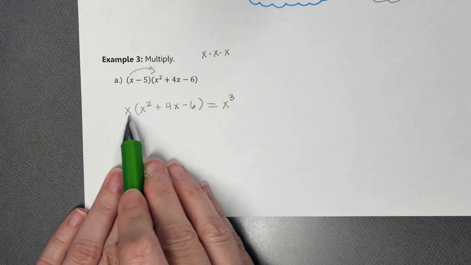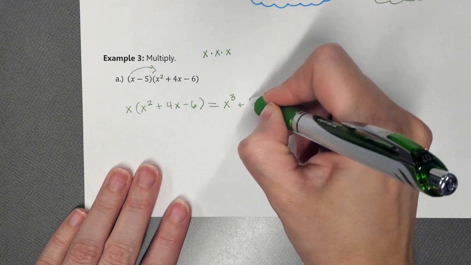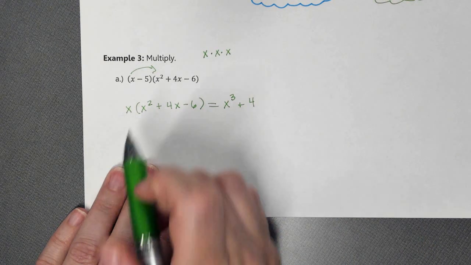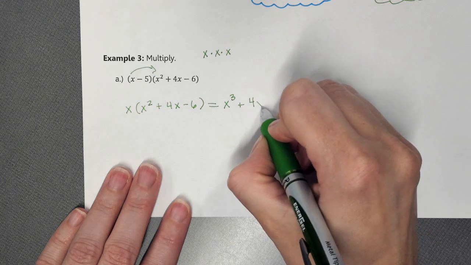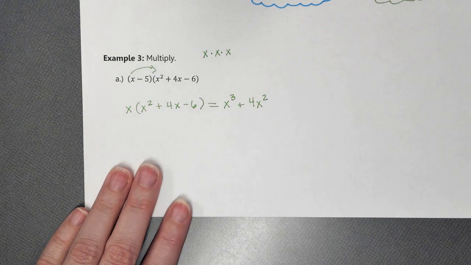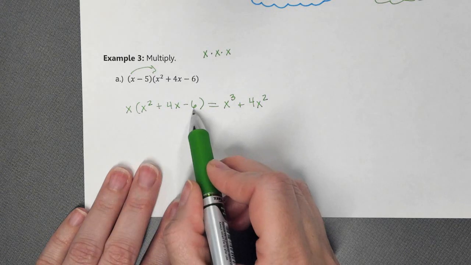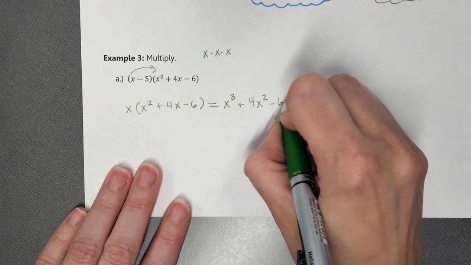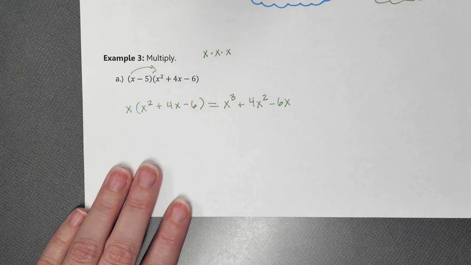If there's no other number there, you're multiplying by 1, so it's going to stay 4. X times x is x to the second. And x times negative 6, you just write as negative 6x. Okay, that's the first step.